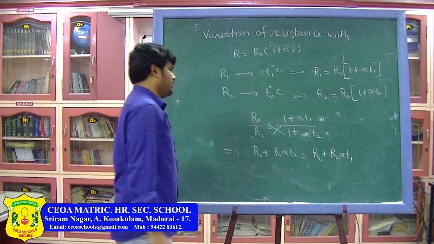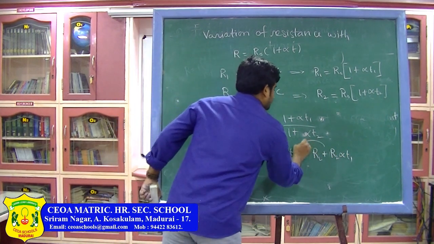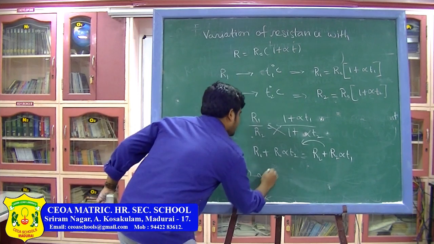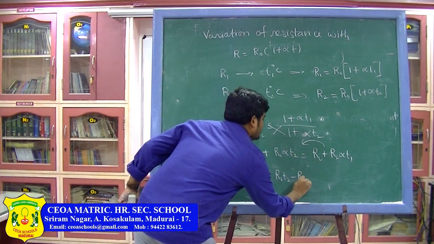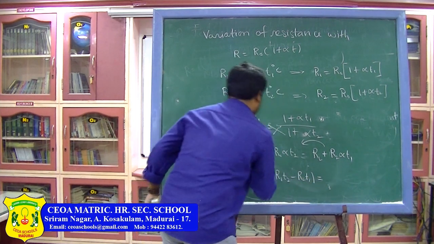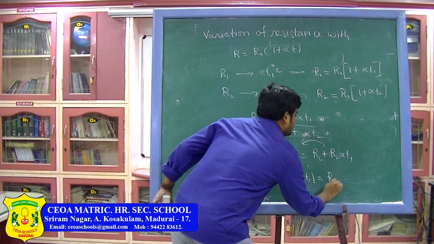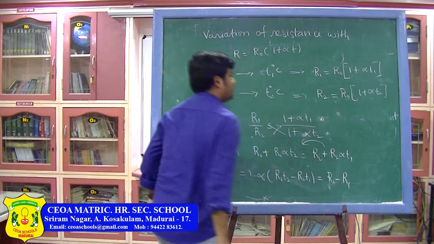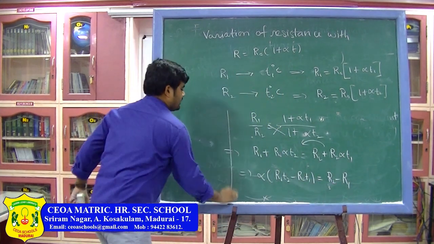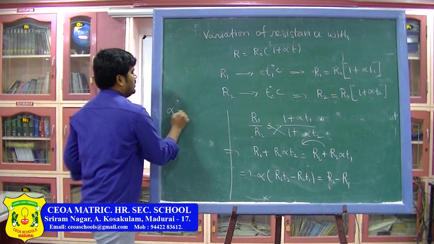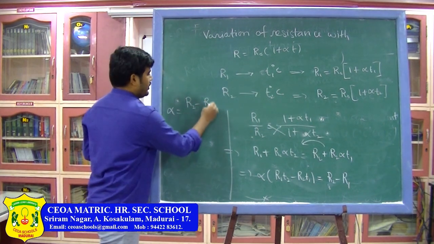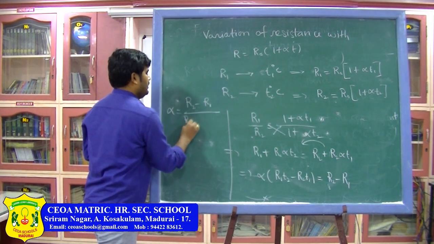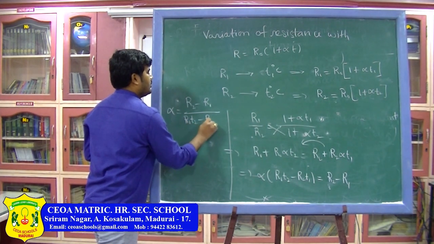Now take alpha terms one side, taking alpha common, R1 T2 minus R2 T1 is equal to R2 minus R1. That implies alpha is equal to R2 minus R1 divided by R1 T2 minus R2 T1.